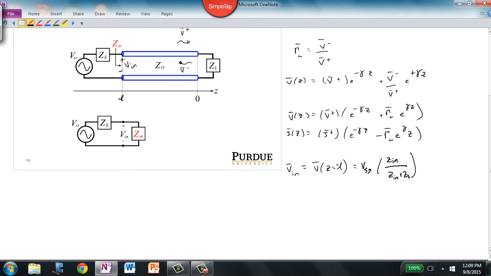So what we want to do now is plug this equation into this one. This is a little longer, so I'm going to start over here.